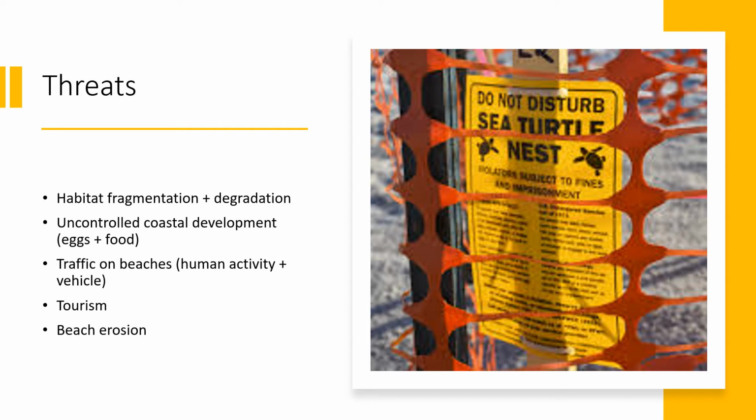Some of the threats include habitat fragmentation and degradation, and this is just due to urbanization and development along coastal areas, along with beach erosion itself. It's taking away nesting areas and feeding sites for the turtles.